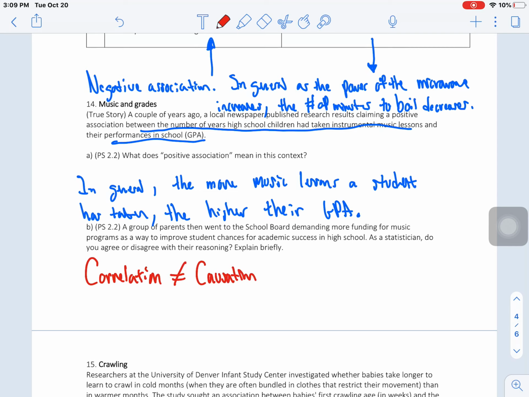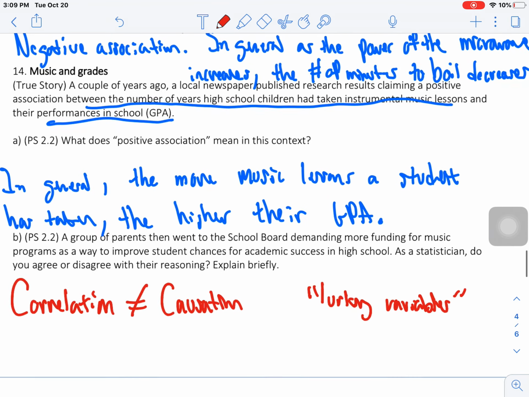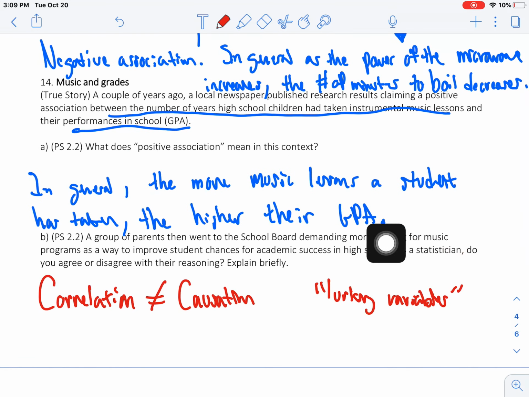So who knows if it really is the music classes that are causing the increase in grades, right? There could be other lurking variables. Or maybe these kids that are in music classes, they would have done well anyway in school. So basically, correlation is not causation, so we can't just assume that adding music classes is going to increase the scores.